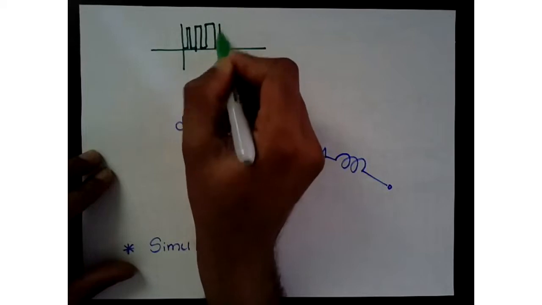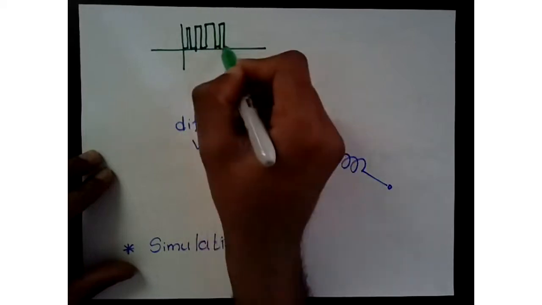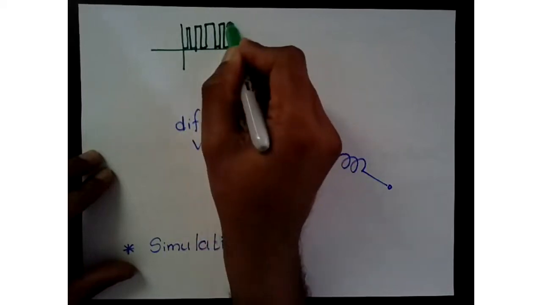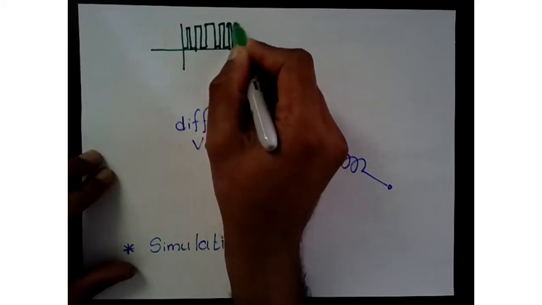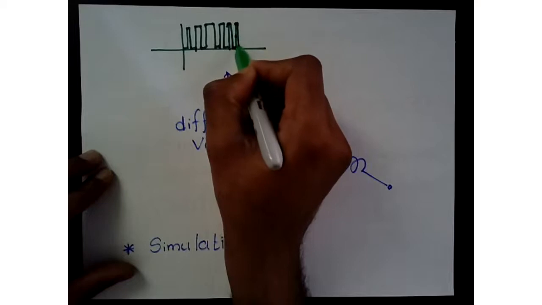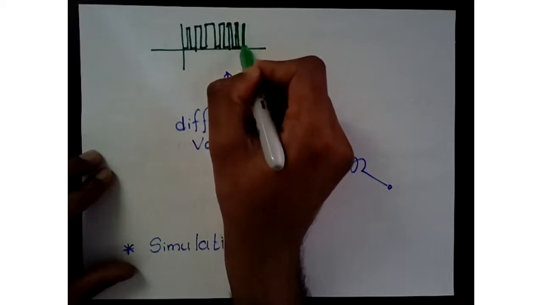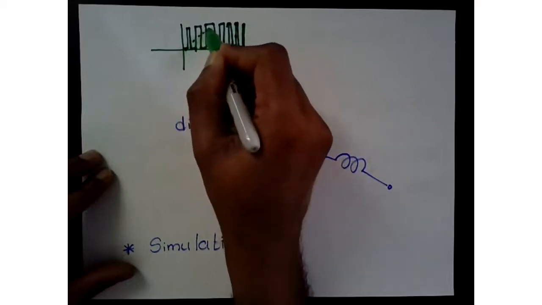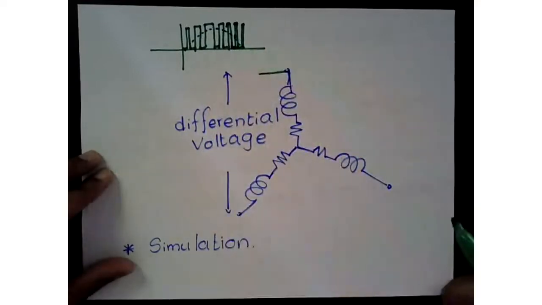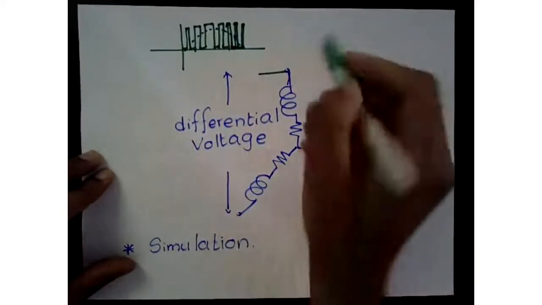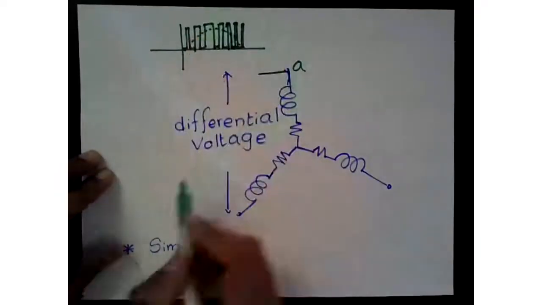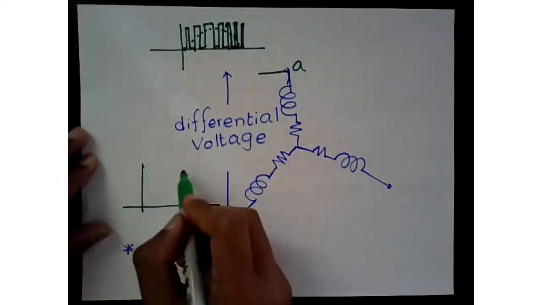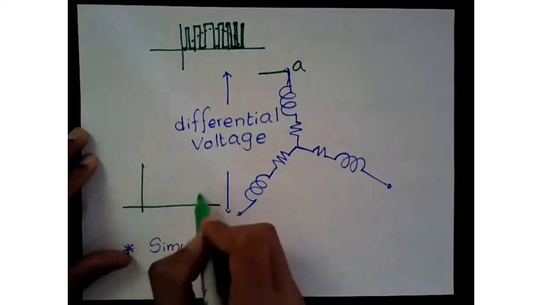So you might see something like this. So maybe like a half sine there, and then your phase, if this is A and if this is B, then you're going to see a similar waveform but 120 degrees out of phase.